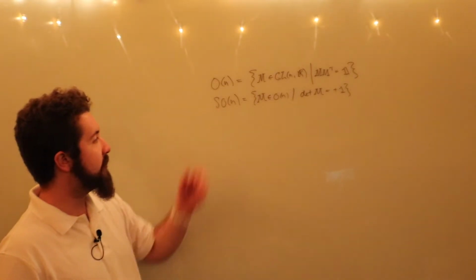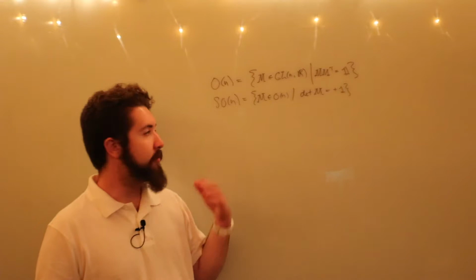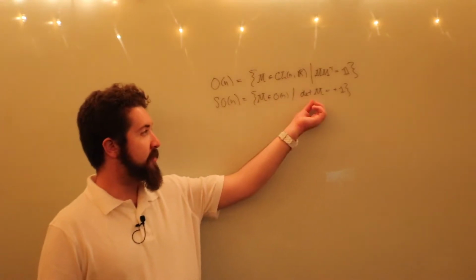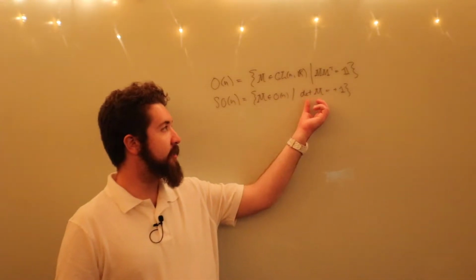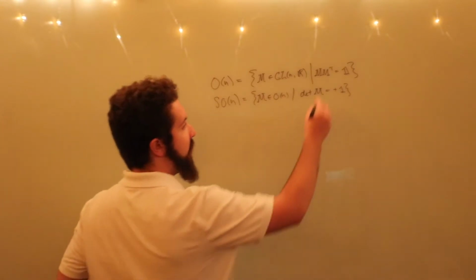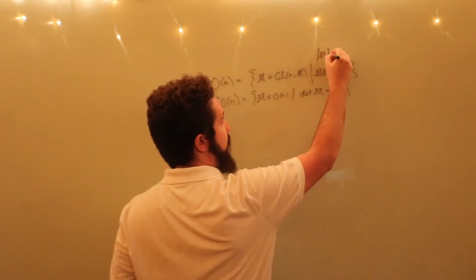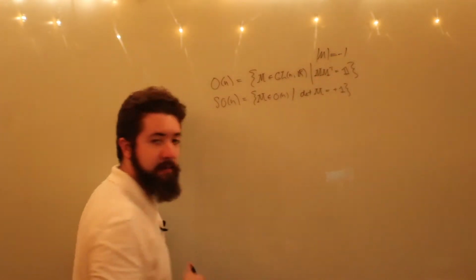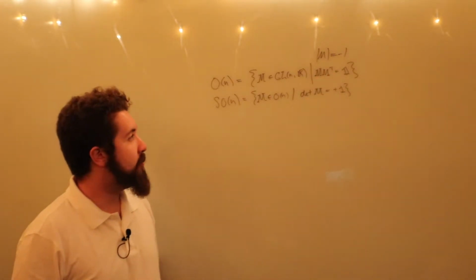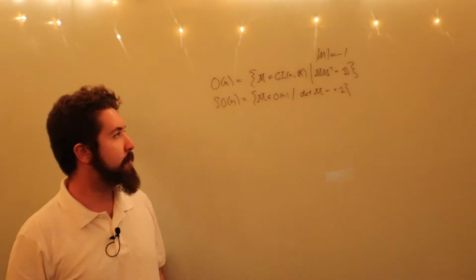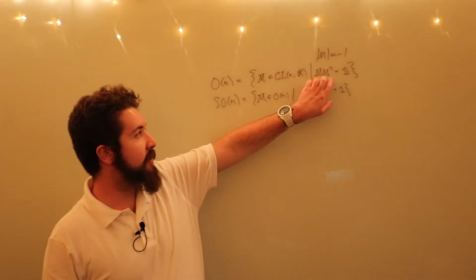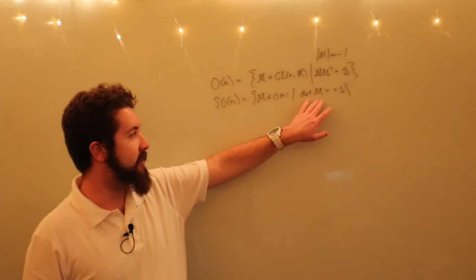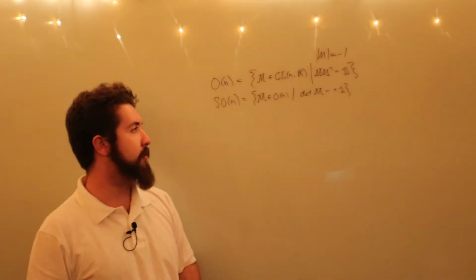And the special orthogonal group is the refinement of that to those matrices which have determinant exactly positive 1. Because a matrix could also have determinant negative 1, and then the determinant of M times the determinant of M transpose would still equal 1. So these could have determinant plus or minus 1, but these have to have determinant positive 1.